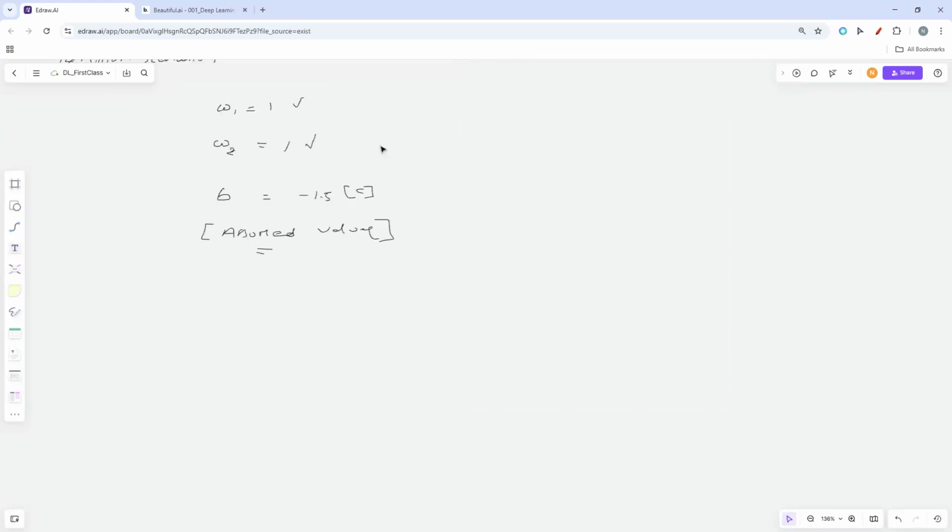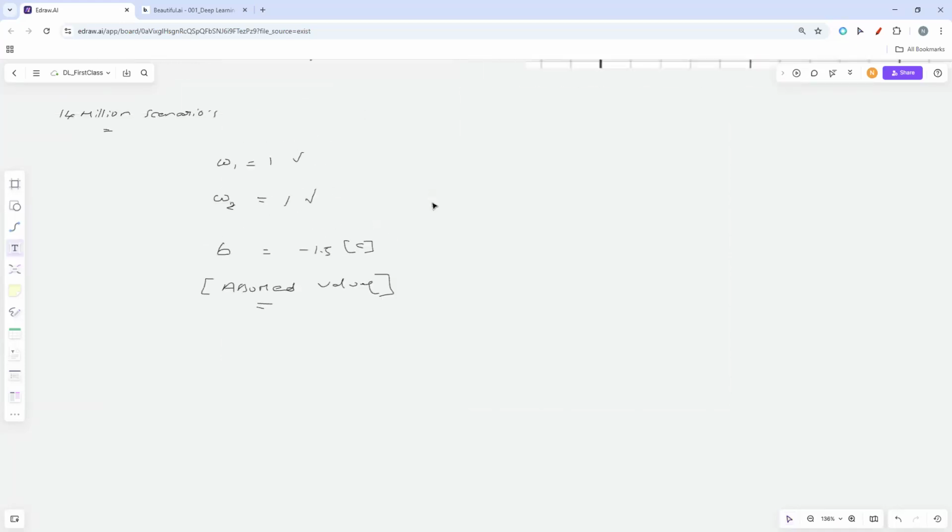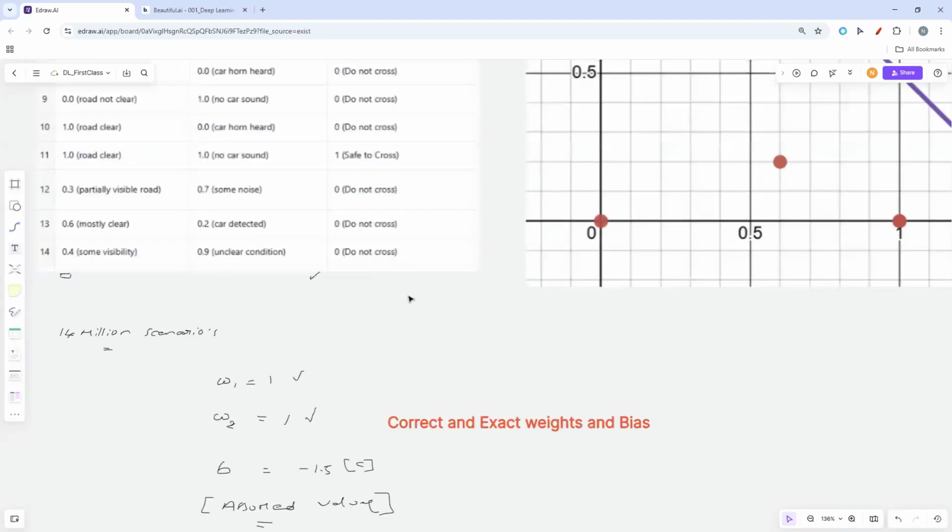What I have done is that I have assumed the correct and exact weights and bias, but this is something you will have to understand. I have assumed w1 equal to 1, w2 equal to 1, and b equal to minus 1.5. That is the reason we are getting the exact output.